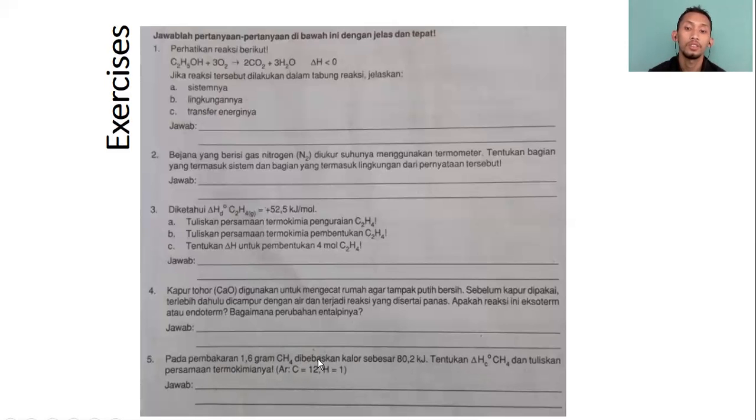But be careful, this is not the delta H because this one is only for 1.6 gram. You have to find out how many moles 1.6 gram is, and this is only for that amount of moles. And you have to find, if there is 1 mole, how much heat, or delta H. That is used for the answer to number 5.